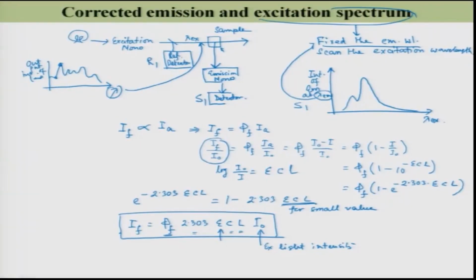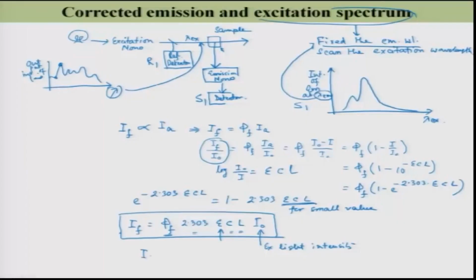So, if the I 0, that excitation light intensity, is constant over the excitation wavelength, then I f is proportional to epsilon, and I can write proportional to epsilon into C L, because C and L are constant.